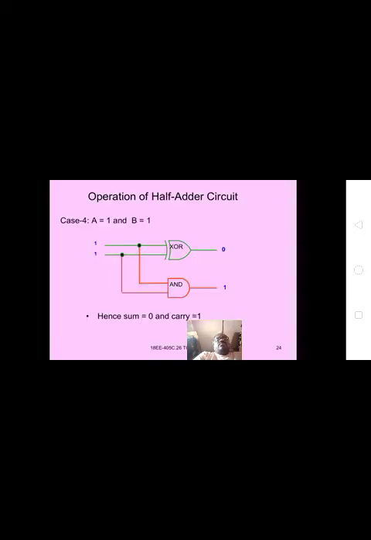Case 3, A equal to 1 and B equal to 0, hence sum equal to 1 and carry equal to 0. Case 2, A equal to 0, B equal to 1, hence sum equal to 1 and carry equal to 0. Case 4, A equal to 1 and B equal to 1.